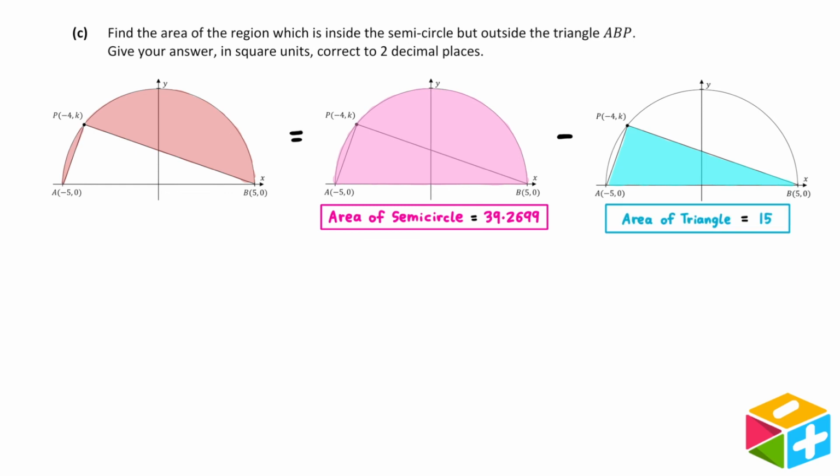So, we found that the area of the semicircle was 39.2699 and the area of the triangle was 15. As we noted at the beginning, to get our answer, all we have to do is subtract away these two areas.